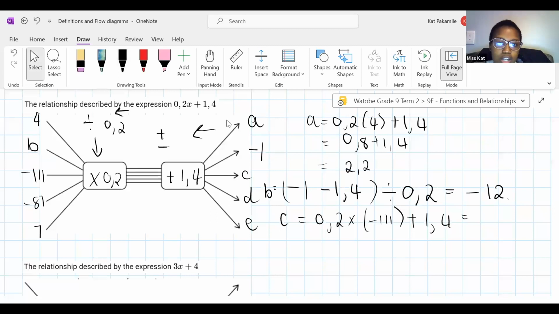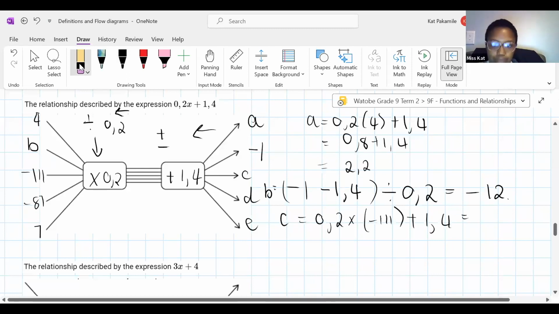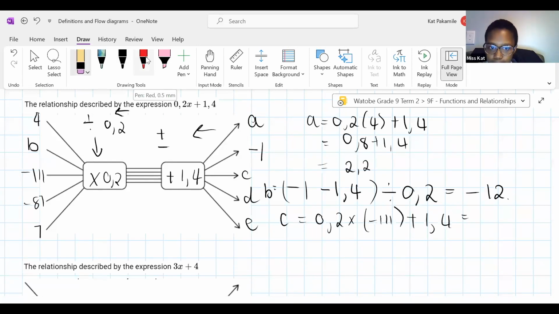I see a hand that is raised. Tando, do you have an answer or do you need to ask a question? Ma'am, it's a question on B. The answer apparently, you guys say, is -12, but when I did the calculations, I keep on getting -8. Okay, let's see. How do you do the calculation?